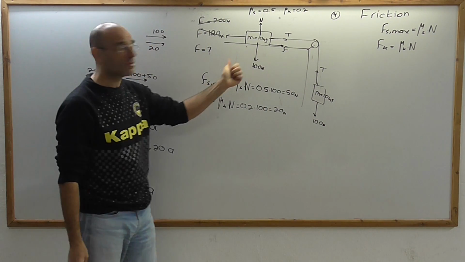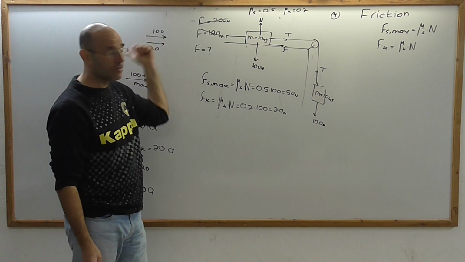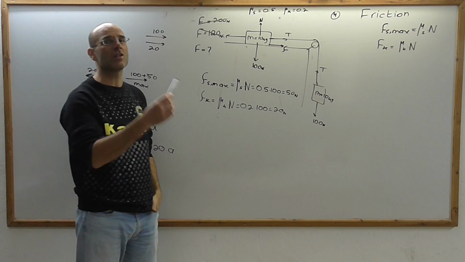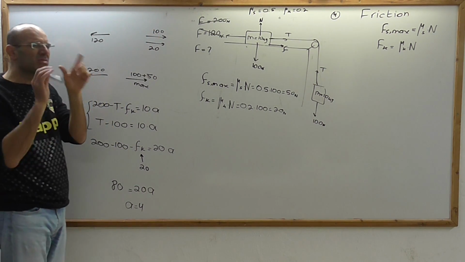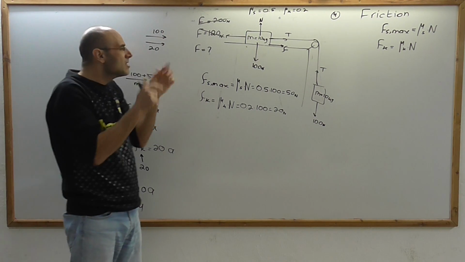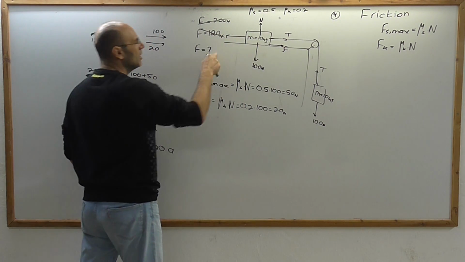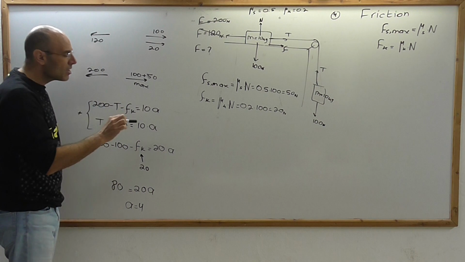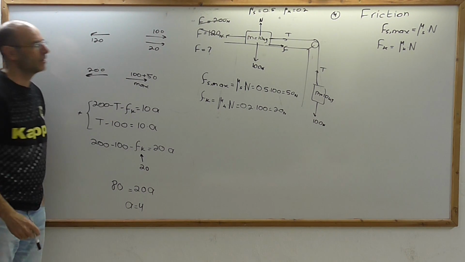So the pulling force must be over 150. If it's exactly 150, we don't deal with these kinds of problems. It's on the verge of moving, you just blow and it moves, okay? So F must be above 150 in order for the system to move that way.